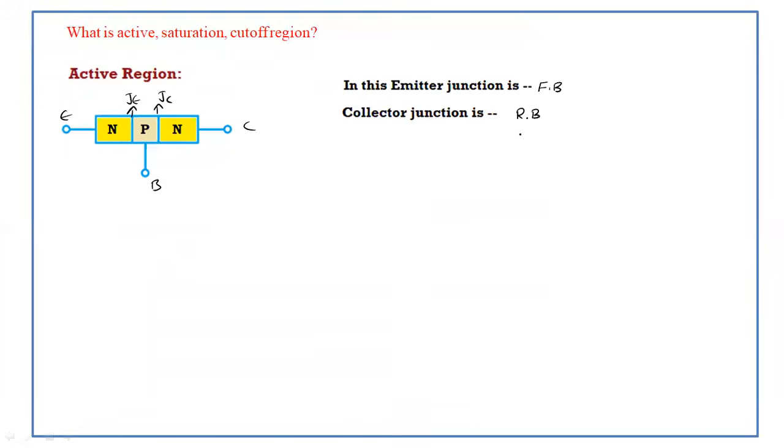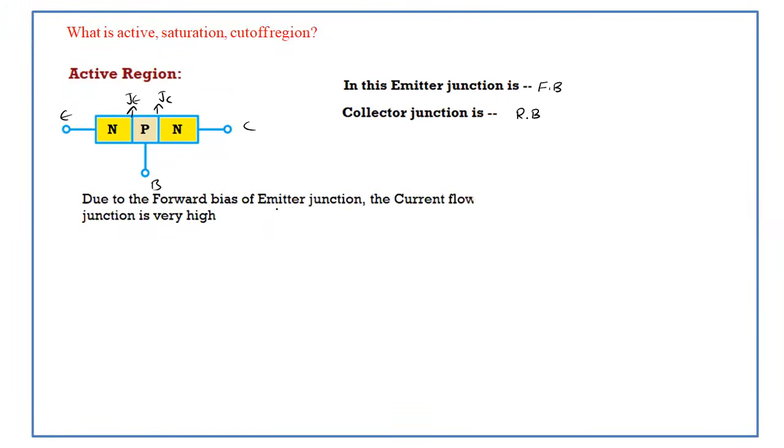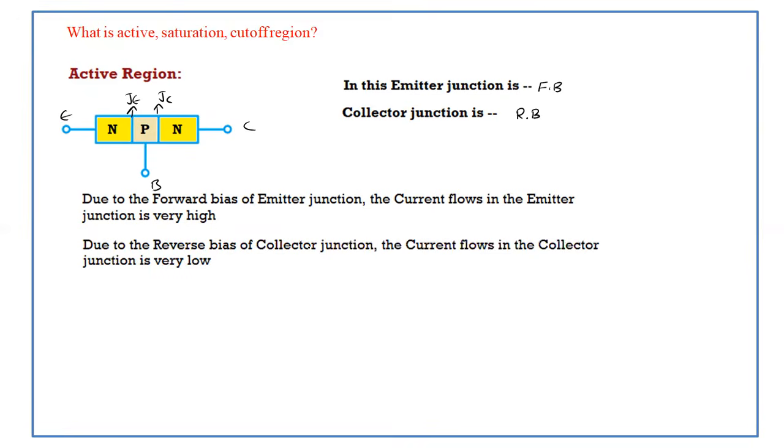One is forward bias and one is reverse bias. Due to the forward bias of the emitter junction, the current is very high. Due to the reverse bias of the collector junction, the current is very low.